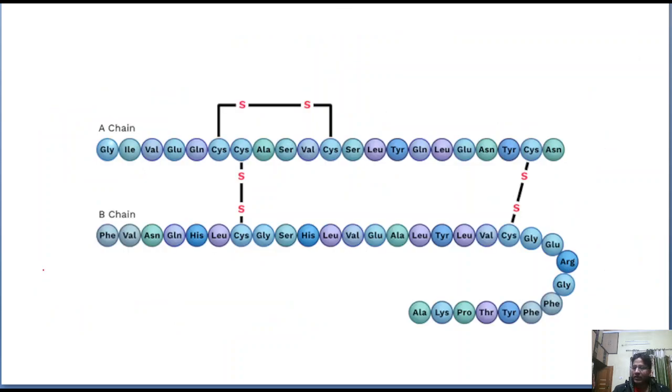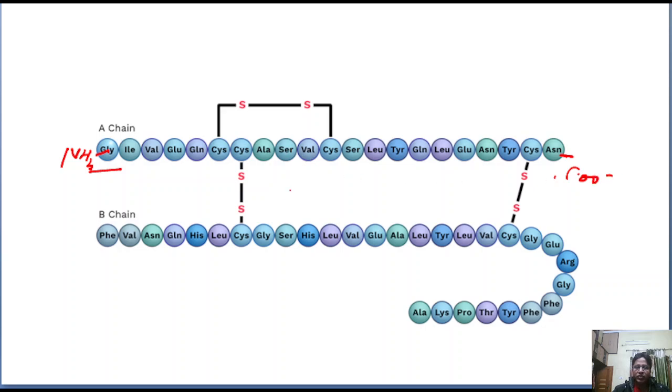Here is the structure of insulin, where there are two polypeptide chains. The first amino acid here is glycine, and the last is asparagine. This is the amino terminal and this is the carboxy terminal, the last amino acid in this chain.